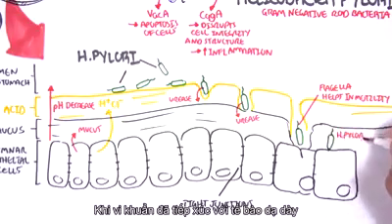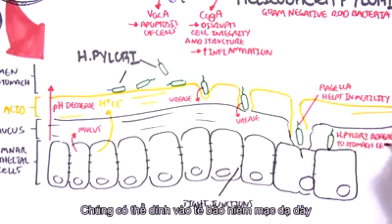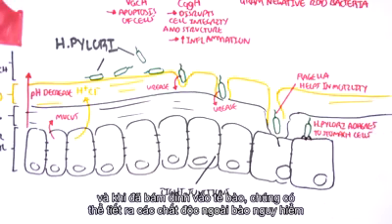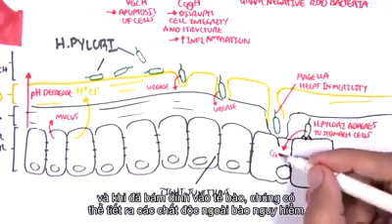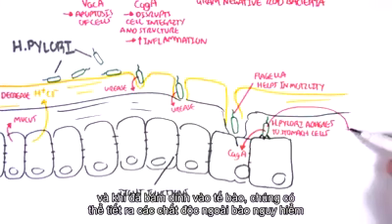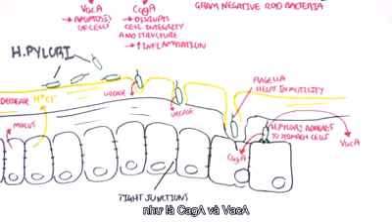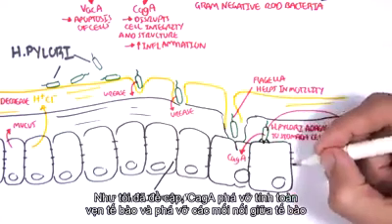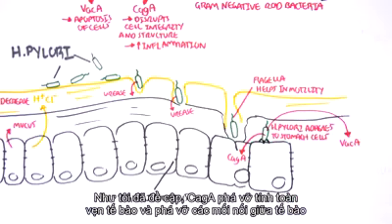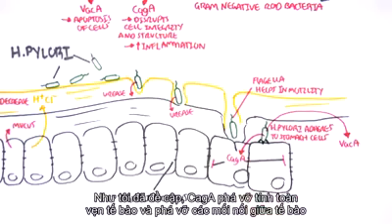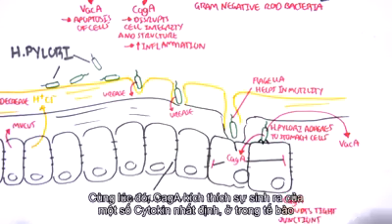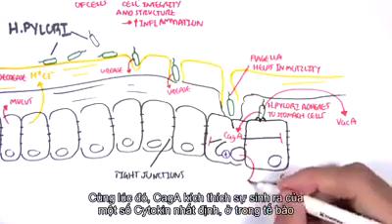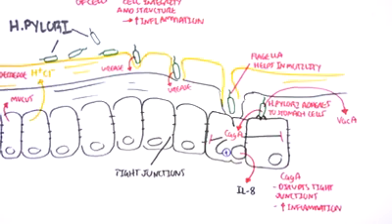Once it makes contact with the stomach cells, it can adhere to the stomach cells using lipopolysaccharide. And once H. pylori adheres to the stomach cells, it can secrete these dangerous exotoxins such as CagA and VacA. And as I mentioned, CagA disrupts cell integrity and essentially breaks down these tight junctions between the stomach cells. At the same time, CagA stimulates the production of certain cytokines within these cells.